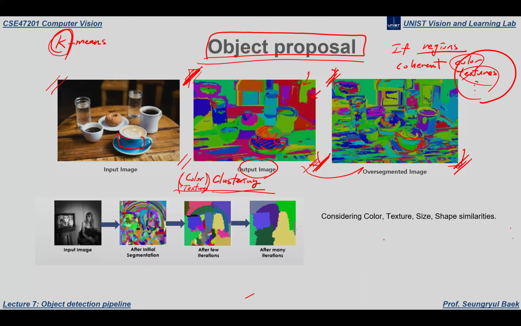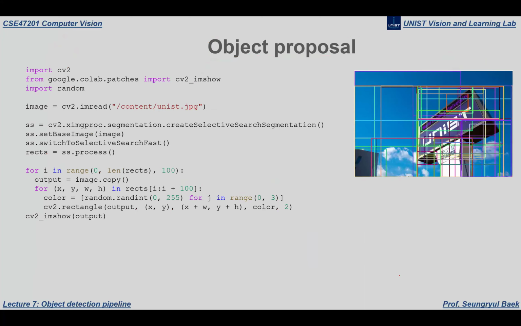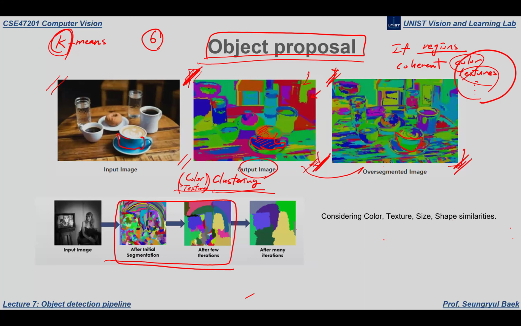Because of that, this algorithm is making multiple scaled clustering maps. And then using this type of multi-scale clustering map, we want to estimate the bounding box using these clusters as the features, as the input.